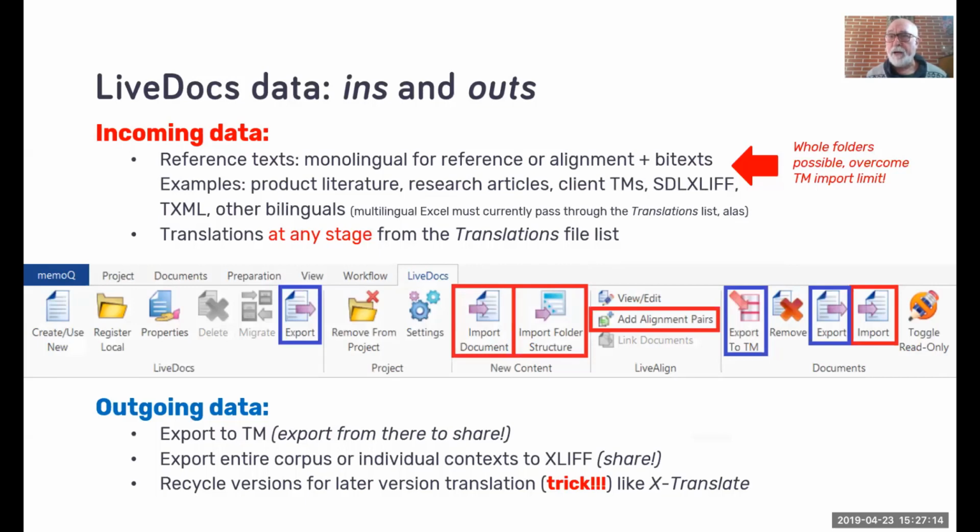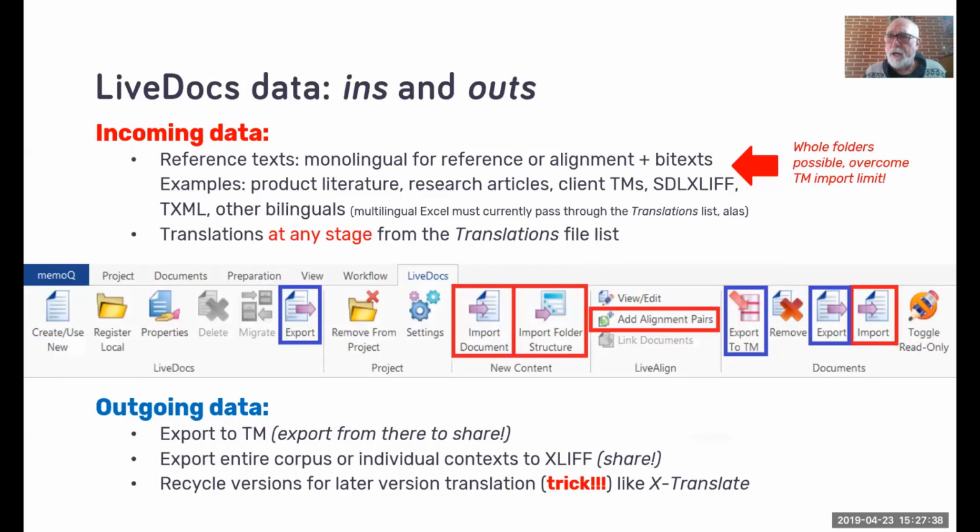I've been complaining about it for maybe 10 years now, and so far nothing has been done about that. And I've seen cases specifically of OmegaT users who've migrated to memoQ, who spend hours or days importing their TMX files from their old work, and they lose track. And it's a nightmare.